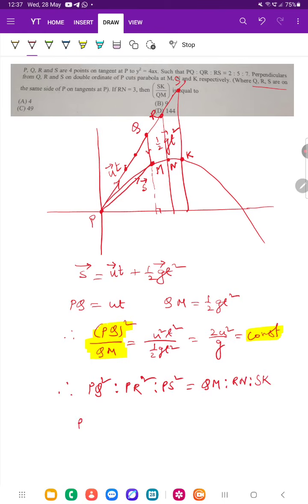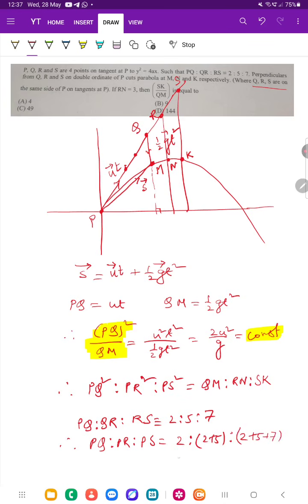And we are given that PQ : QR : RS is 2 : 5 : 7. So we can easily write that PQ : PR : PS is 2 : 2 plus 5 : 2 plus 5 plus 7. It is 2 : 7 : 14.